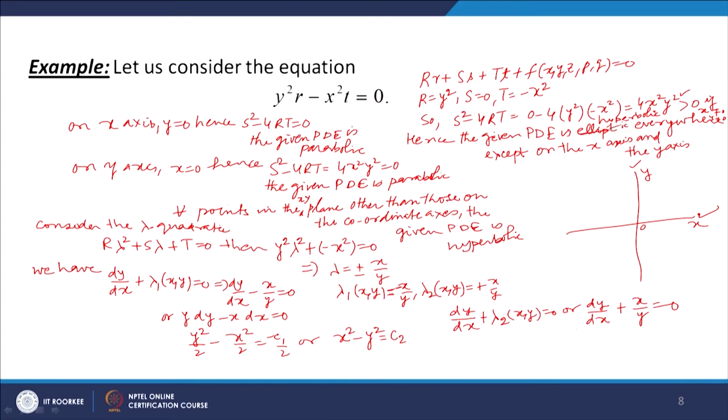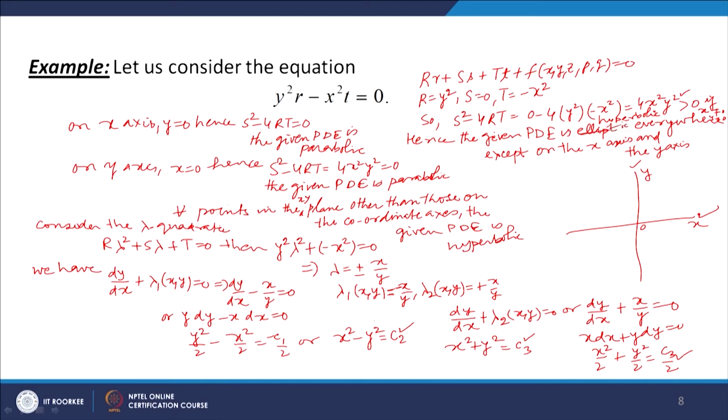So x dx plus y dy equal to 0 gives you x square by 2 plus y square by 2 equal to some constant, we can take C3 by 2. So this gives you x square plus y square equal to some constant C3. Now we get two families of characteristic curves. One is given by x square minus y square equal to C2, the other one is given by x square plus y square equal to C3.